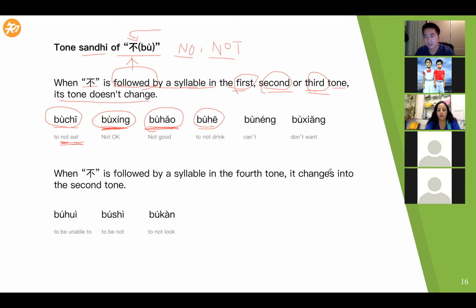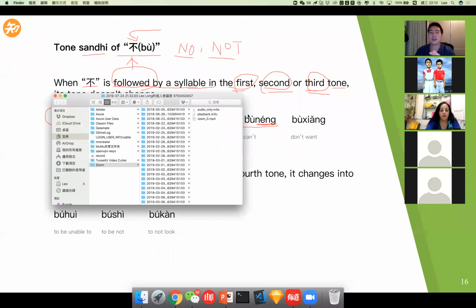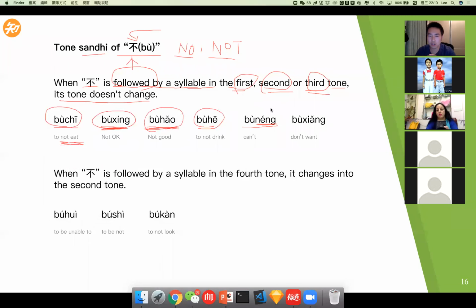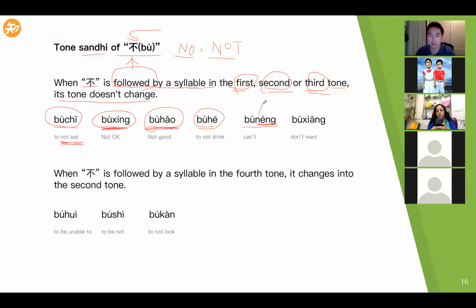Sarah, can you talk now? Sarah, try this one. 不能. So this one, the initial, if you remember, is ne. Can you remember? Ne.